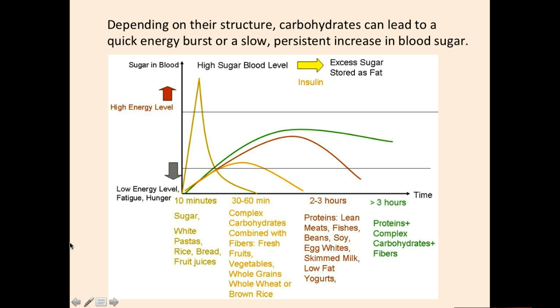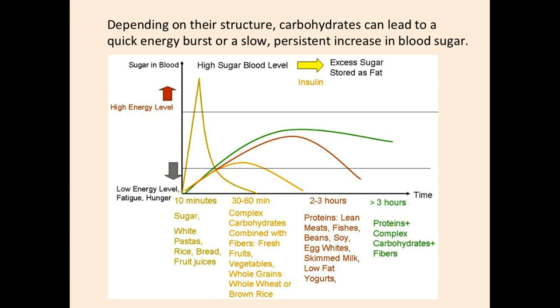And depending on the structure, carbohydrates can lead to either quick energy bursts or slow, persistent increases in energy as they release sugar into the blood, as they increase our blood sugar.